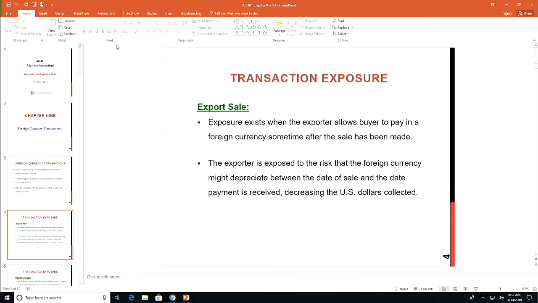Try to understand, make your own concept, your own tree. You are expecting to receive euro. So what would be your expectation? You will expect that the euro value should go up. Then in terms of dollar, you will make more dollar. That means if you are expecting to receive euro, you will expect euro appreciation.